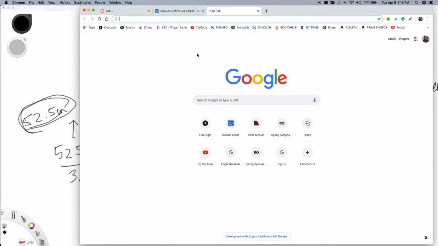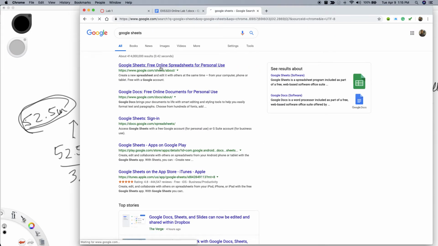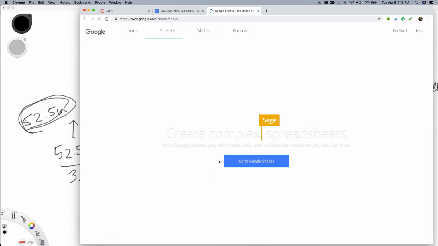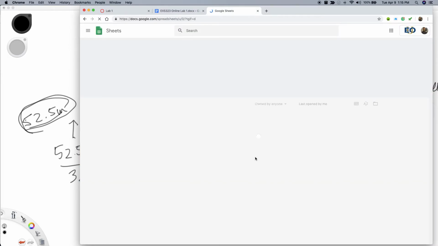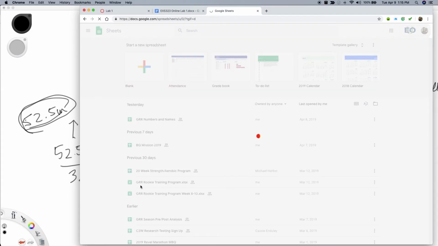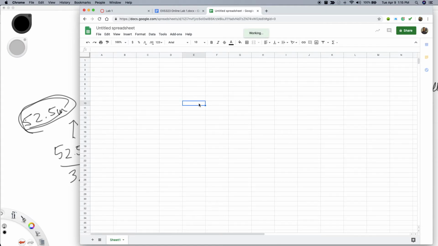So, a quick crash course in how to make a graph. For example, if you did a 5-minute test and you took heart rate every 30 seconds, that'd be 30, 60, 90, 120, 150, 180, 210, 240, 270, 300.